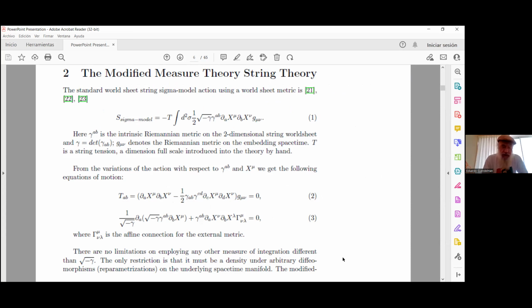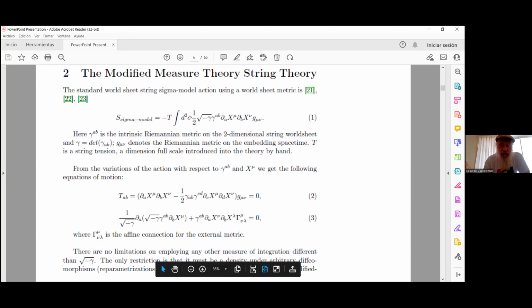And a particular version of this gives actually unimodular theory, but in a covariant way. But this is not the topic of this talk. The topic is not gravity, it's string theory.